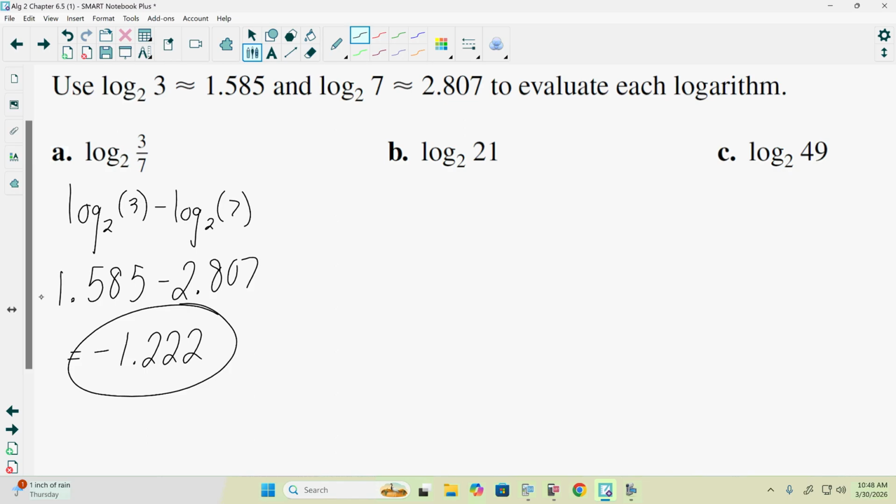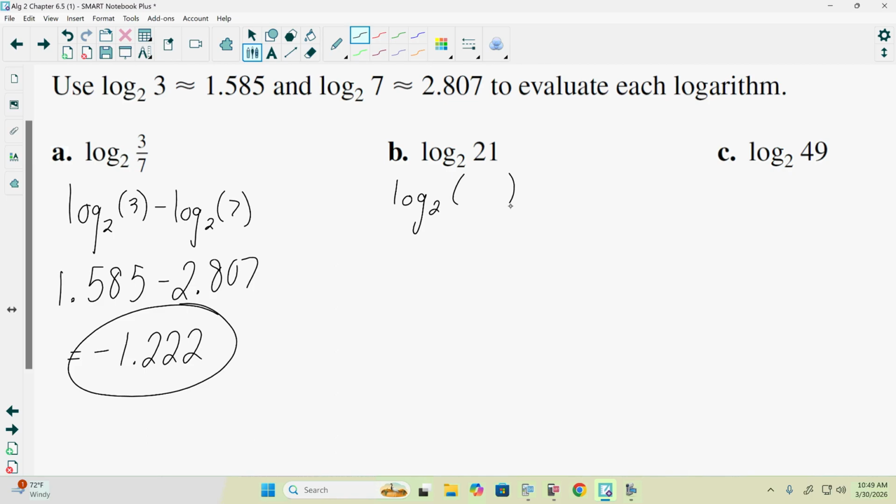Questions on the first one? First one's kind of nice, 3/7. It kind of told us what we need to do. Now the second one, log base 2 of 21. Can we rewrite 21 using 3 and or 7 using multiplication, division, or powers?